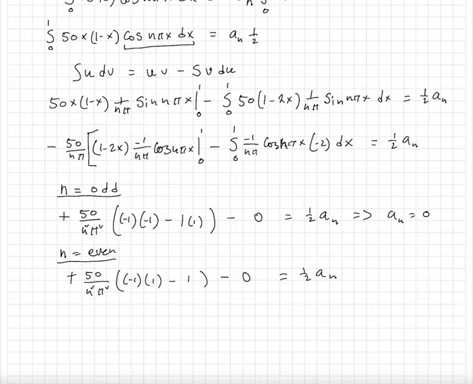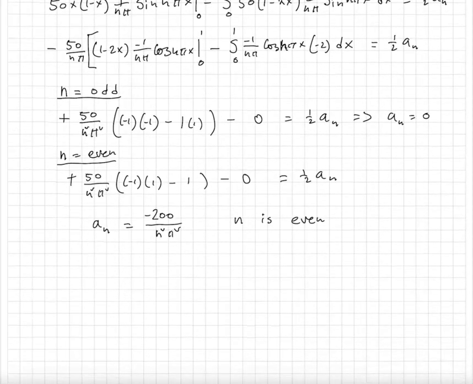Okay, so then you have negative negative negative, so a n is negative 200 divided by n square pi square, n is even.